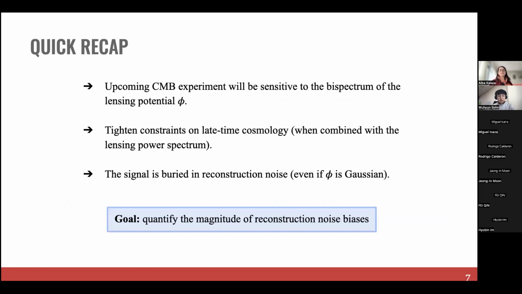And this is an interesting signal because, especially if combined with the lensing power spectrum, it can give us very important information on late-time cosmology. Unfortunately, the signal is buried in reconstruction noise, and our goal is to quantify the magnitude of these reconstruction noise biases in order to pave the way to the detection of the signal.